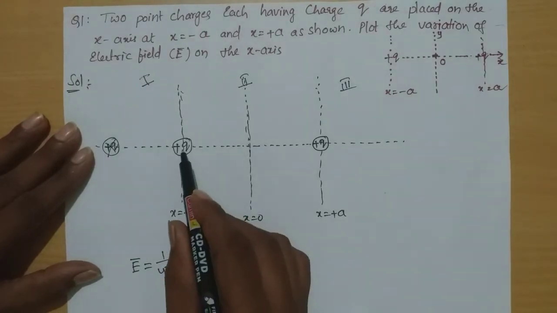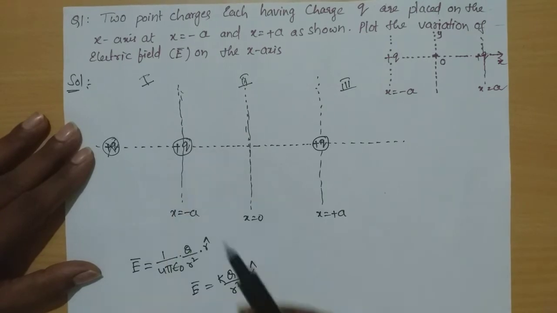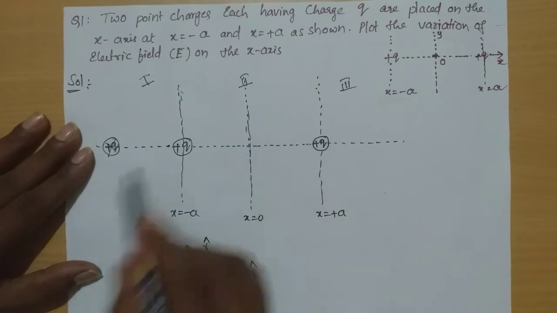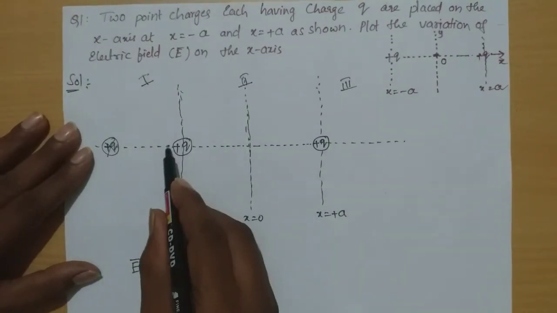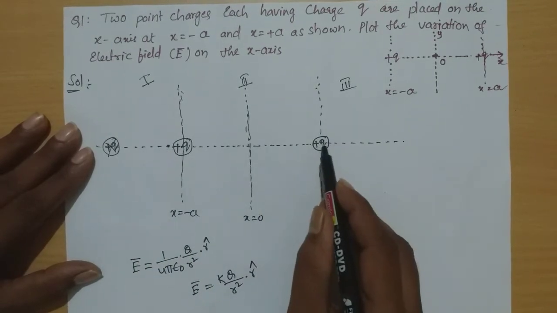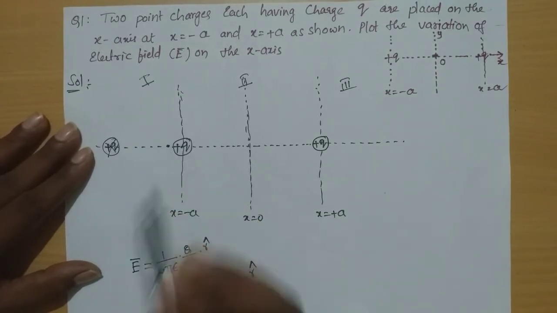See the first region. This is the positive charge. Electric field due to both charges has to be considered, but this point is very near to this charge, so the electric field produced by this one is dominating, and the electric field produced by the other is very small here. So we consider the electric field produced by this one only.